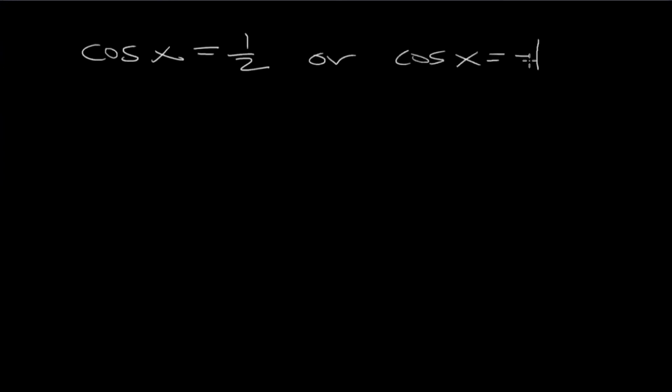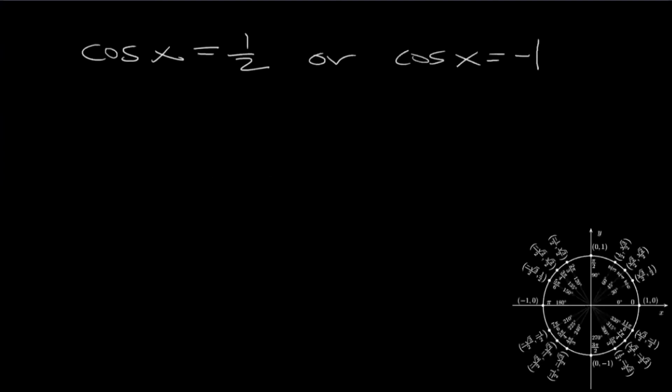Now we can actually find out what x is by going to our unit circle. And I need to find the places where cosine of x is 1/2. Cosine depends on x. So there's 1. There's 1. Okay, so there's our two angles.